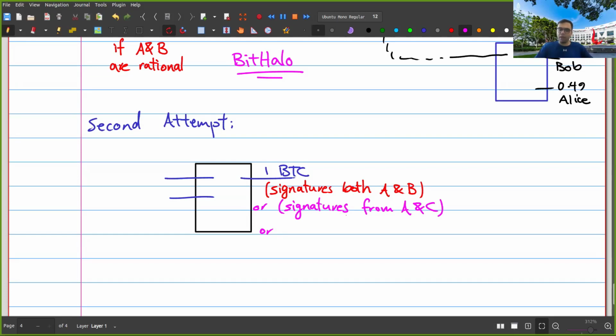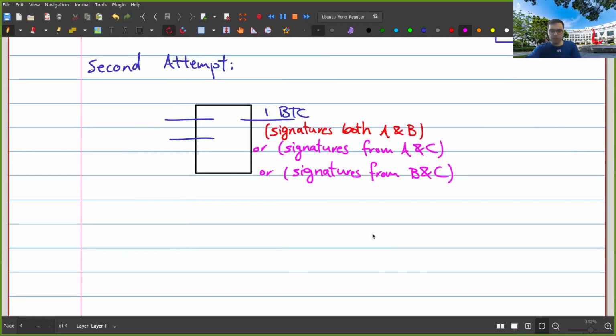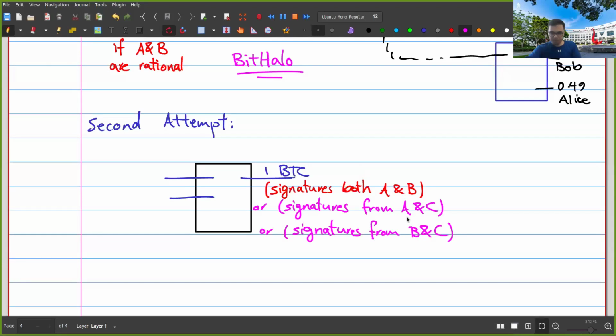So Bob goes to Carol, proves to Carol that the item was fulfilled. And then we say, if there is a signature from both Bob and Carol, that's also valid. So basically what I'm saying here is very similar to the very first example of script that we saw, which is that we have 3 people, and if 2 of them sign, you can spend this coin.